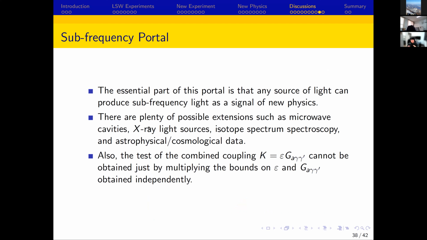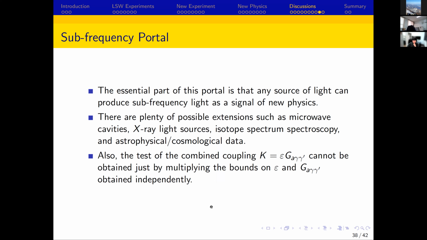There are plenty of possible extensions, such as a microwave cavity, an X-ray light source, an isotope spectrum, or astrophysical data. If our new physics exists, then all these light sources should also emit sub-frequency photons. So there are many possible extensions of our experiment or our scenario.